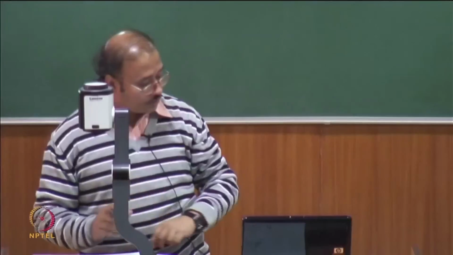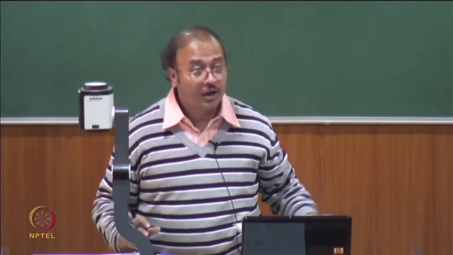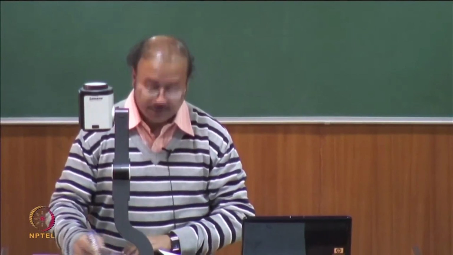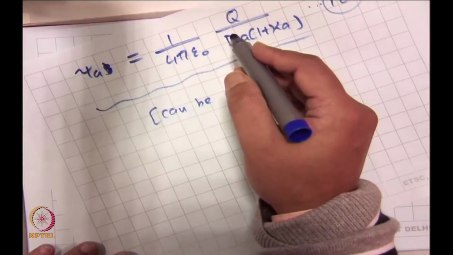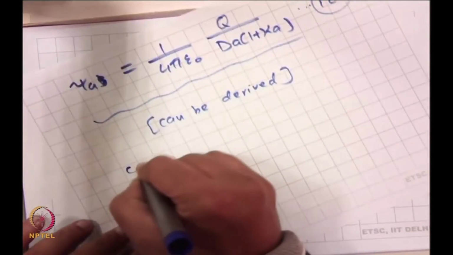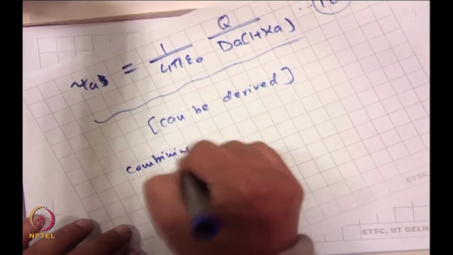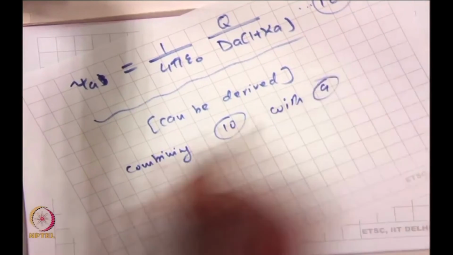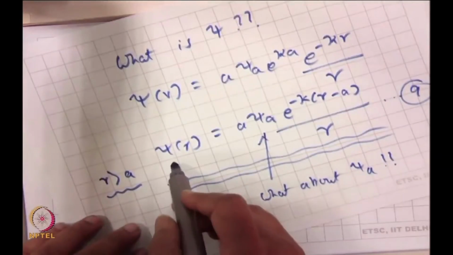Okay, we are already out of time, but I will just write this final equation down for you. So, if I combine this, that means this is psi of A, right. Let me combine this actually, combining 10 with 9, when 9 was this, psi of r is equal to this.